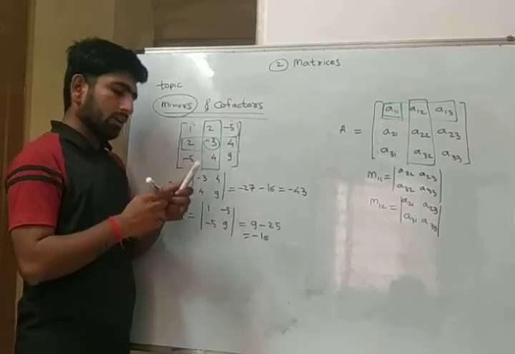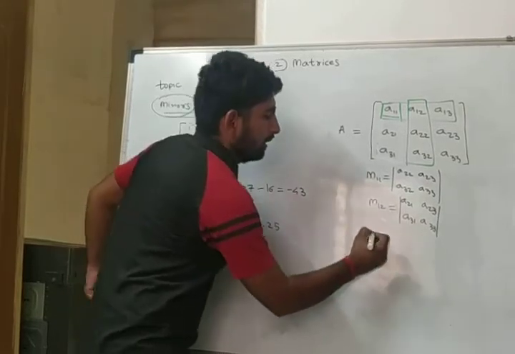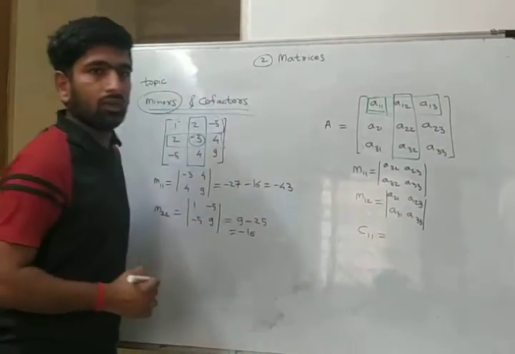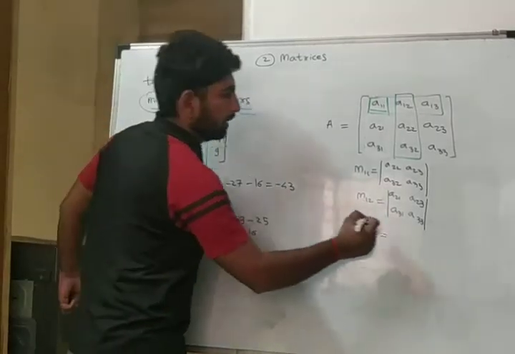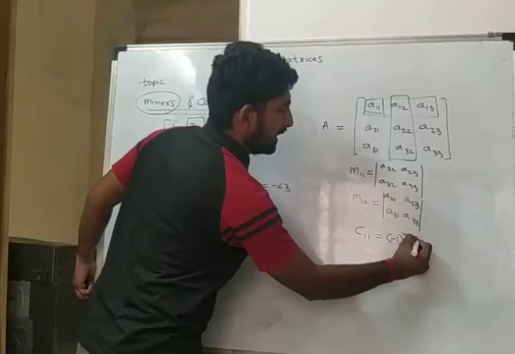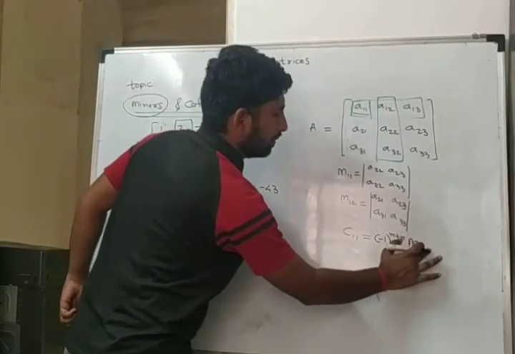Similarly, the cofactor is easier than the minor. Cofactor is represented as C11. For the C11 position, we represent it as -1 raised to m plus n into M11.